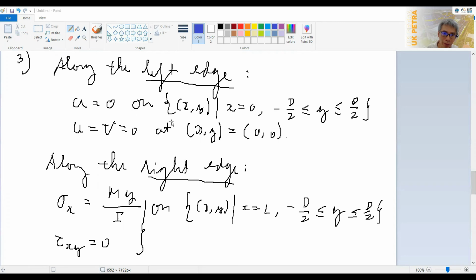So every material point here cannot move in x direction, except also the middle point. That's a hint. It means that not only u, but also v is 0 at the center of the coordinates, at the origin of the coordinates. That's on the left side.